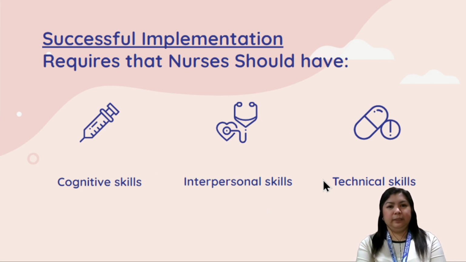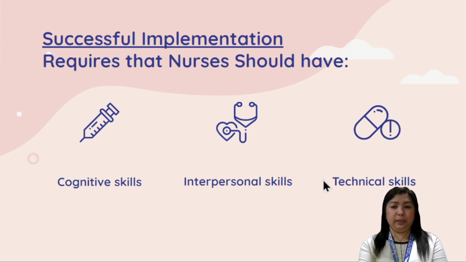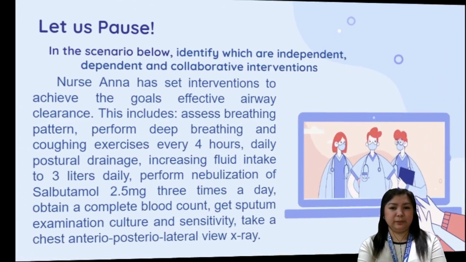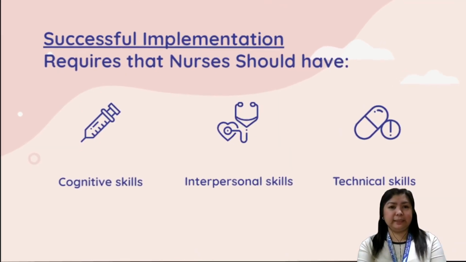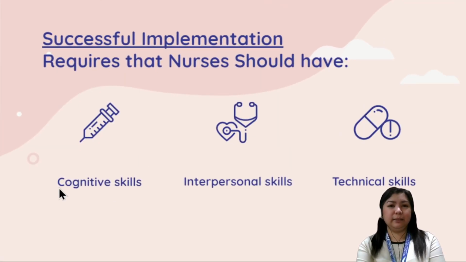This involves the background knowledge, being able to have the necessary rationale or reasons for doing a particular intervention to a patient manifesting a particular condition. It also involves problem-solving skills, decision-making skills as well, critical thinking, and of course, creativity.